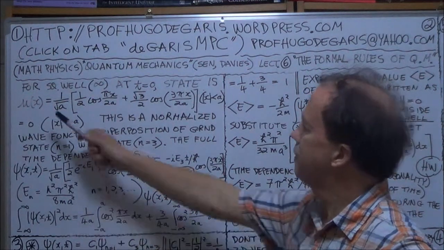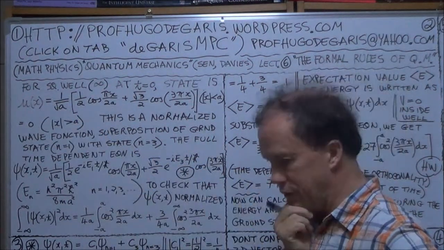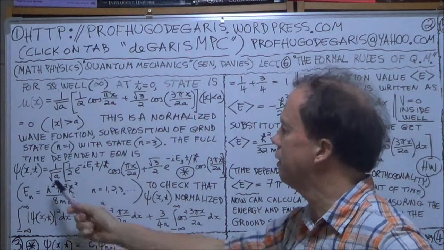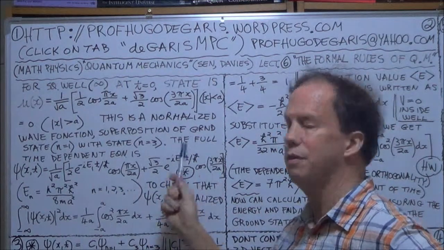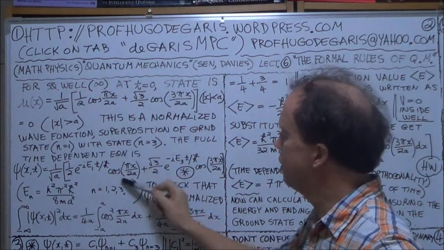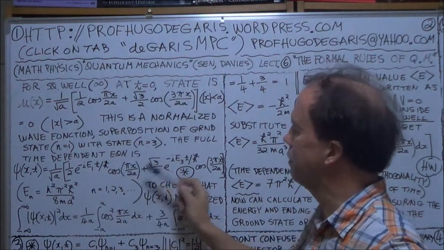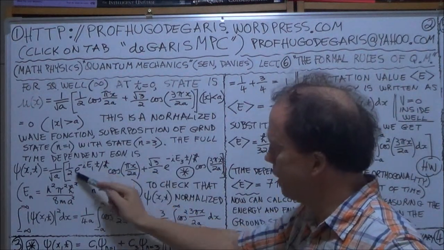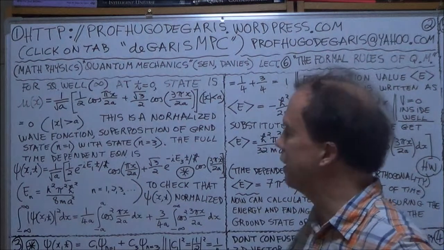Now that's the time independent form. If you use the full form with the time dependence, this is all revision in a sense. We've done this before. So here's your spatially dependent part, but here's the part that depends on time.